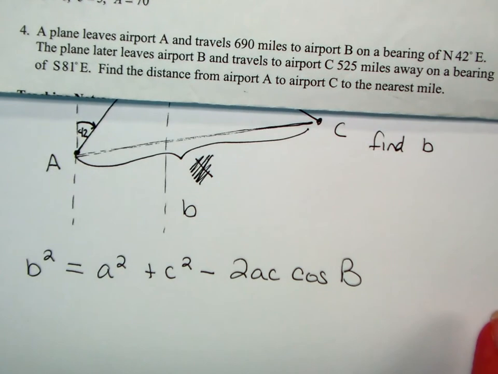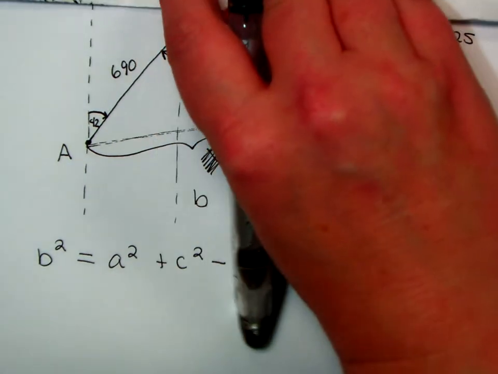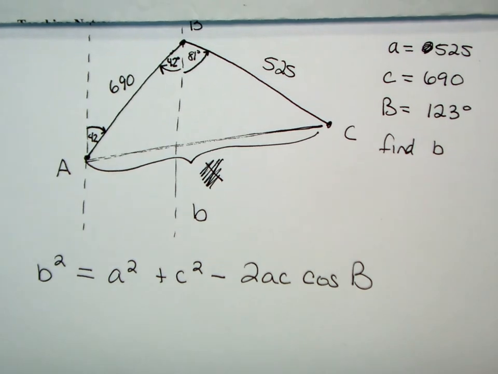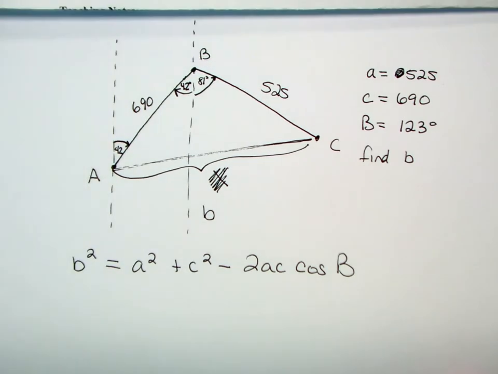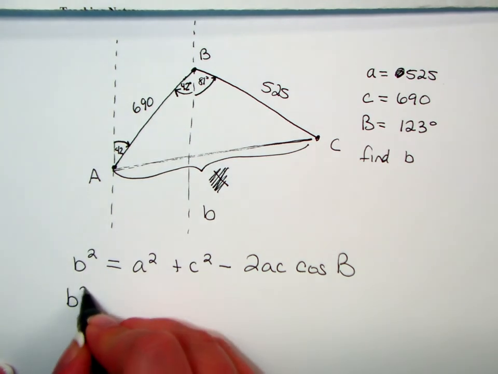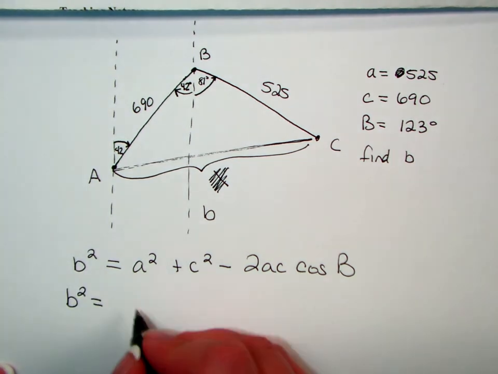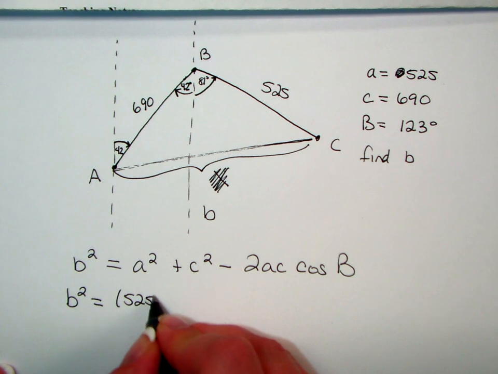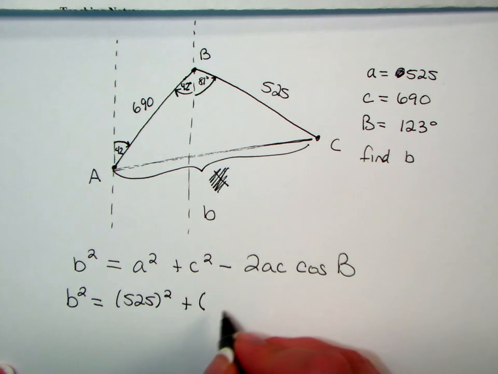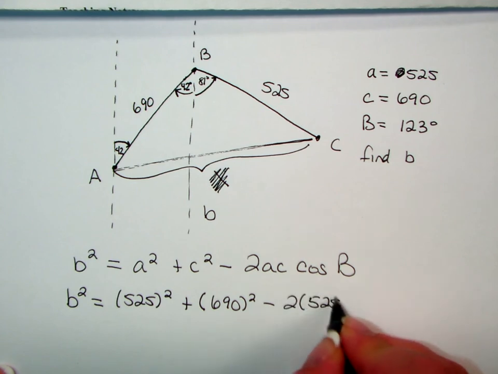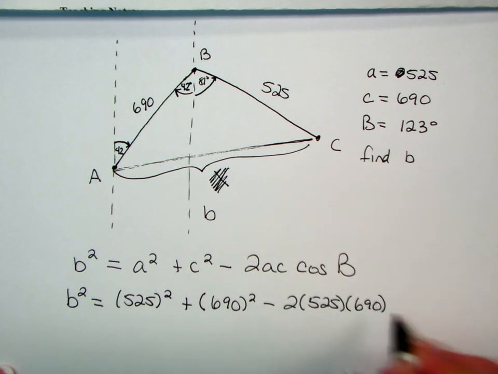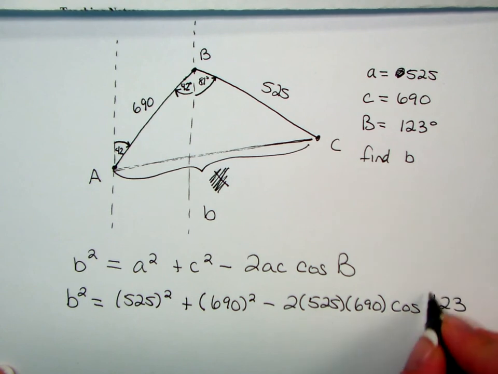Oops, you can't see any of that I was writing. All right, let's go ahead and use b squared equals a squared plus c squared minus 2ac cos B and plug our numbers in. So b squared is going to be equal to 525 squared plus 690 squared minus 2 times 525 times 690 times cosine of 123.